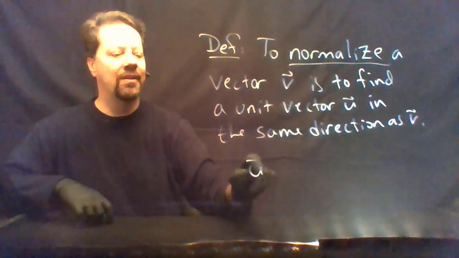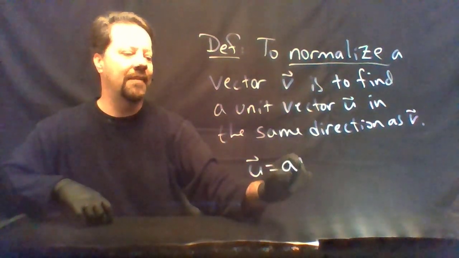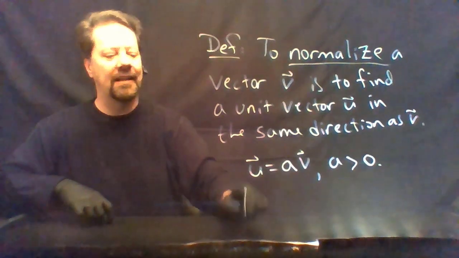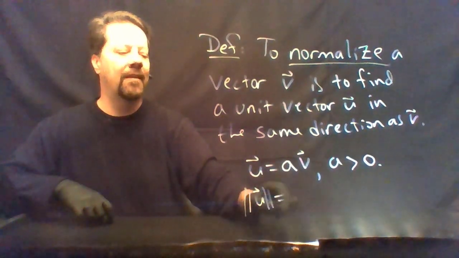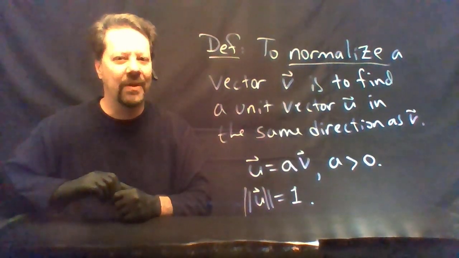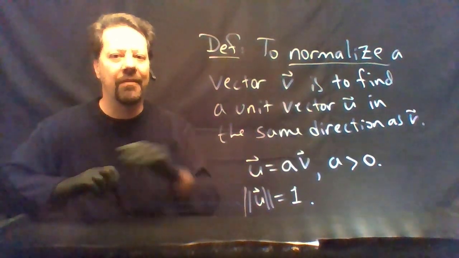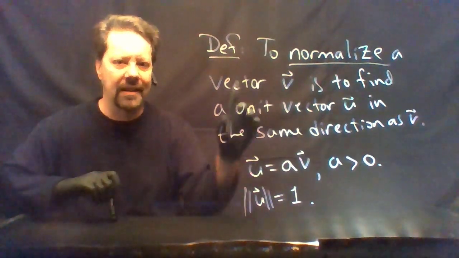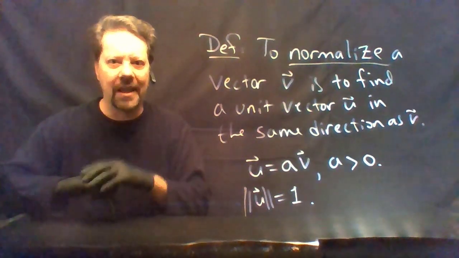In other words, u is a scalar times v, where that scalar is positive and the norm of u is 1. We're going to use this concept throughout the rest of the course. So you're going to need to know how to operationalize this definition. We'll do that next.